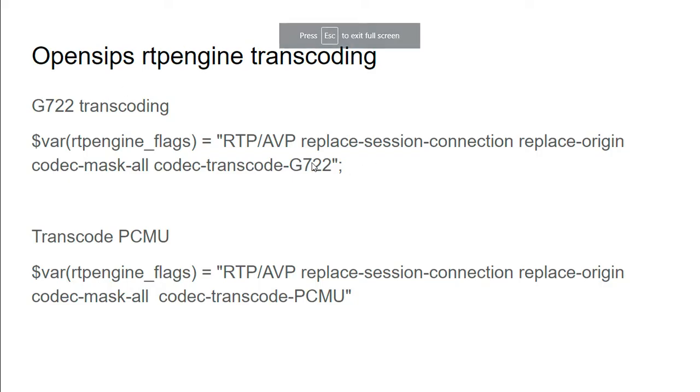Here you can see you can mask all the codecs and offer only G722 to the other end. This is how you can mask all codecs if you want to transcode to PCMU only.